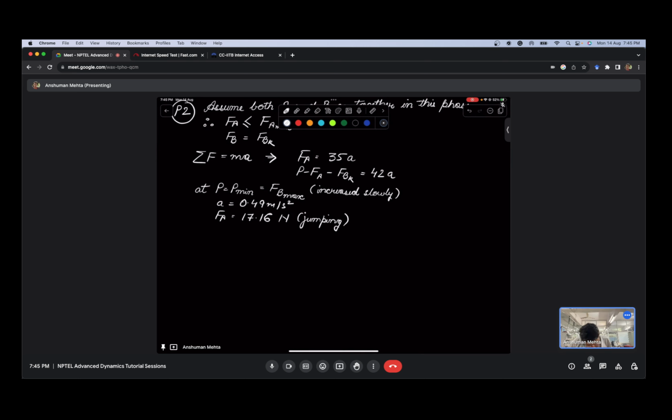Now at F A is equal to F A max, it is just about to slip.